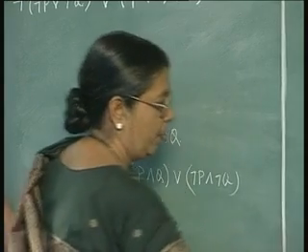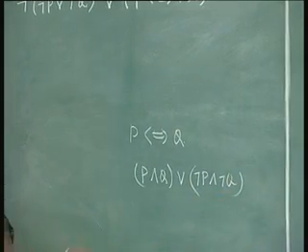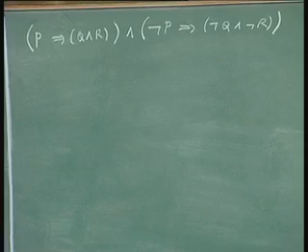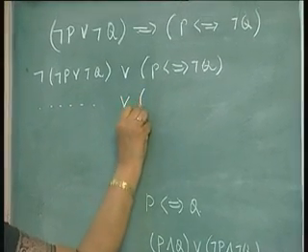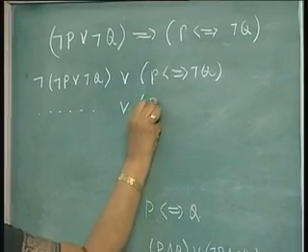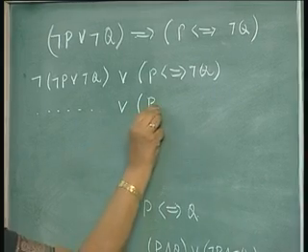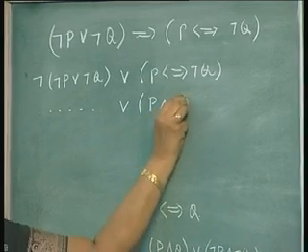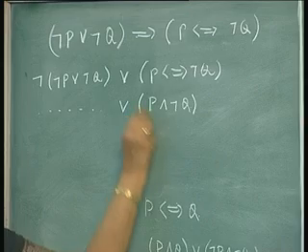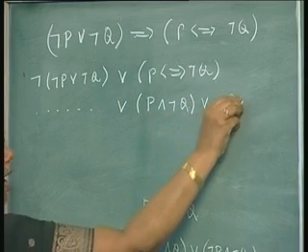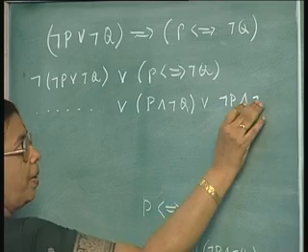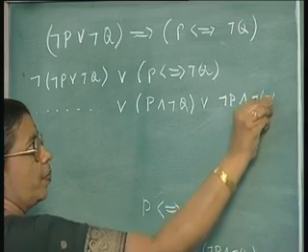So, using this rule here, this portion is as it is. This you can write as P and not Q, or not P and not of not Q.